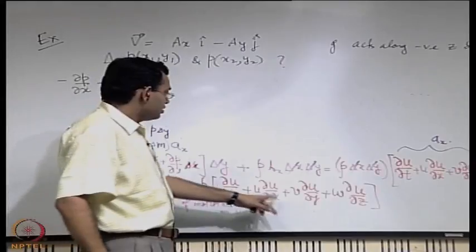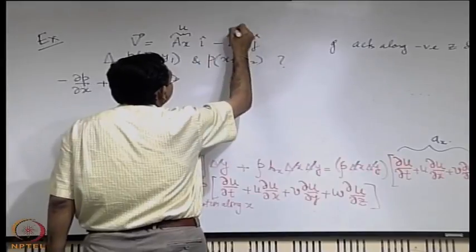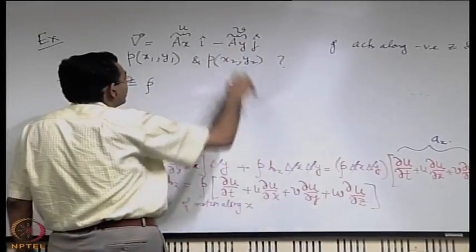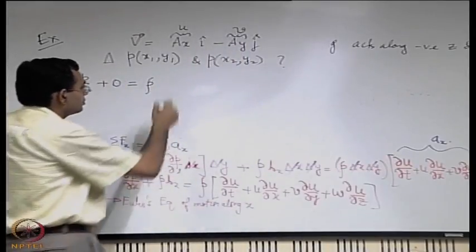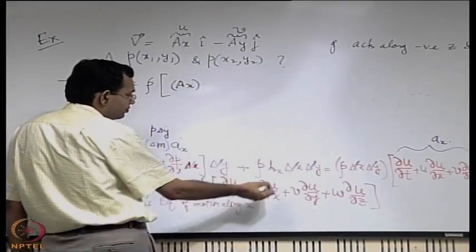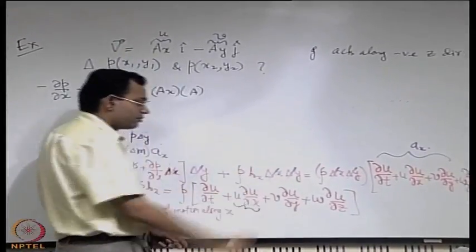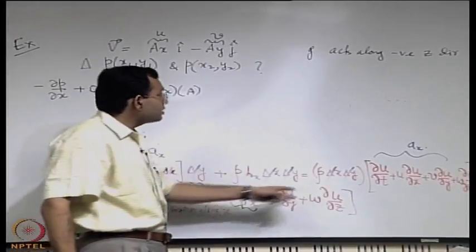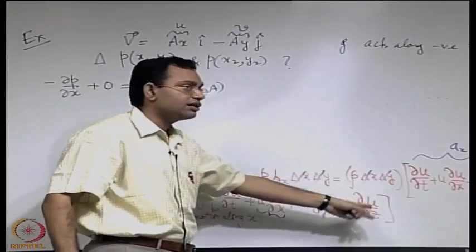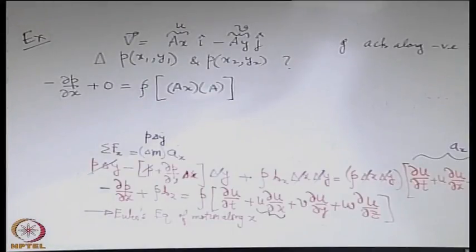Then, what is u and v here, this is u and this is v, with the minus sign of course. So rho, u is ax into a, that is this term. The other terms are not there because u does not have any dependence on y and z. So this is the equation of motion along x.